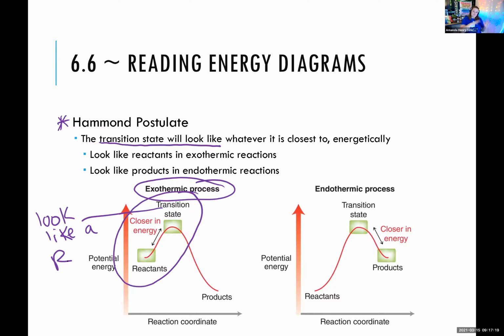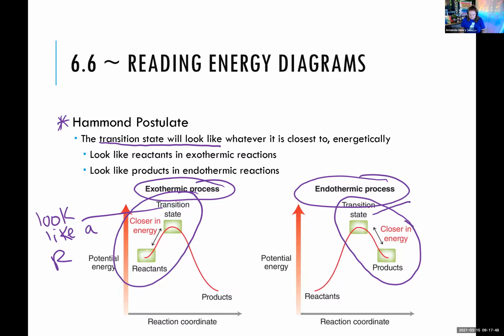As the bonds are breaking and the new bonds are forming, we could think of this as the new bonds have only formed maybe a quarter of the way, and the old bonds have only broken a quarter of the way. So it's much closer to being a reactant. When we have an endothermic process, the transition state is much closer to the products in energy and in physical distance on our graph.